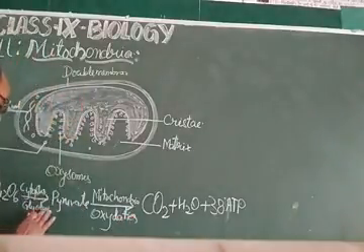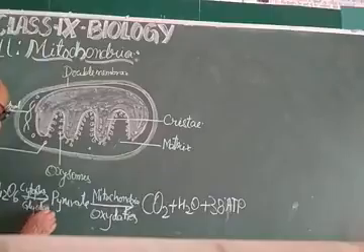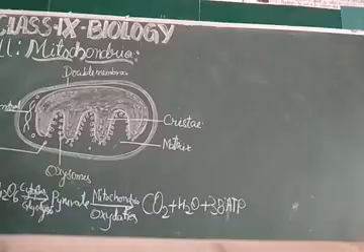The earlier process is called glycolysis. So my dear students, this is the complete process of mitochondrial function, and this function is called aerobic respiration. Aerobic respiration takes place by the mitochondria in the cell, whether plant cell or animal cell.